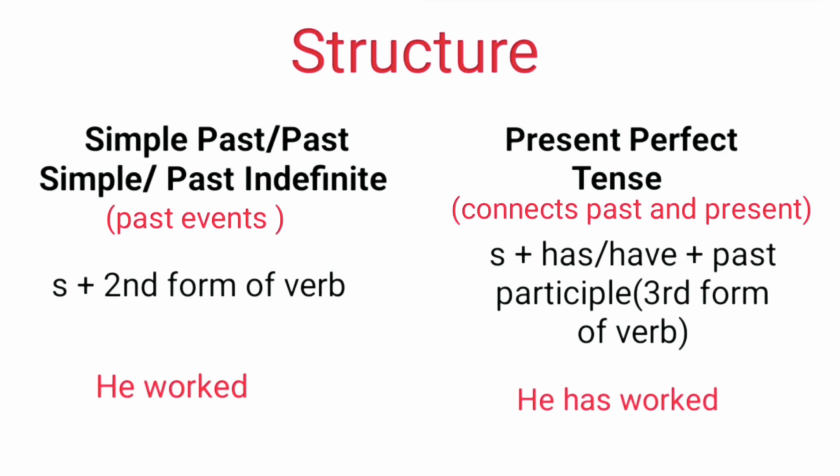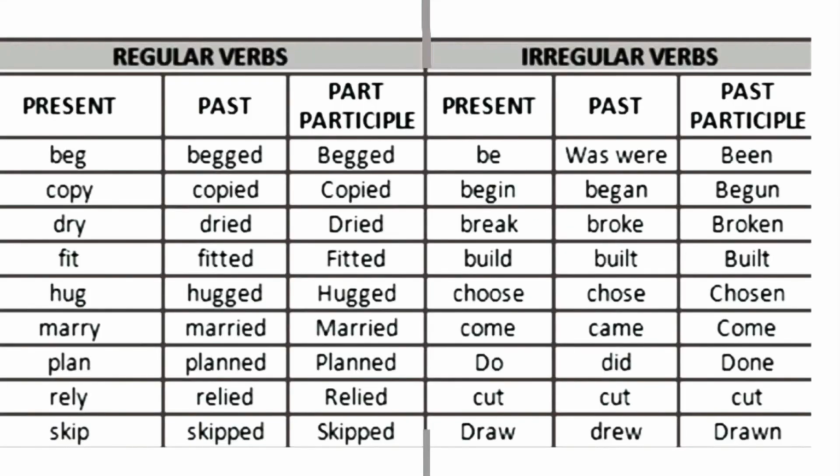An example of simple past is he worked. It means the action is over in the past. In the example of present perfect, he has worked. The action started in the past and connects to the present, and it can be an ongoing action.